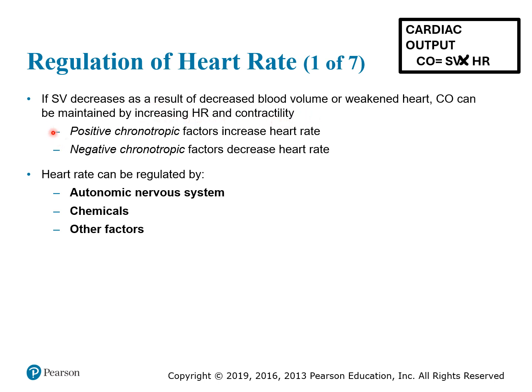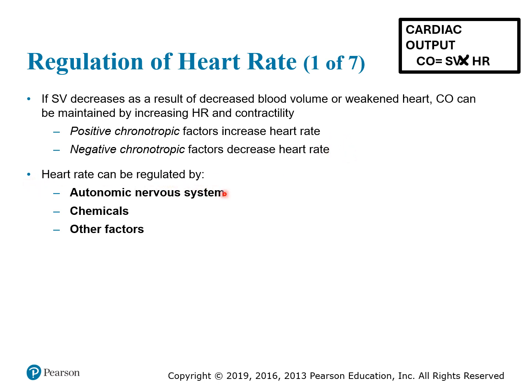So positive chronotropic factors increase the heart rate, and negative chronotropic factors decrease the heart rate. So you have to know these two terms. Inotropic means those affecting the contractility, chronotropic means those affecting the heart rate.